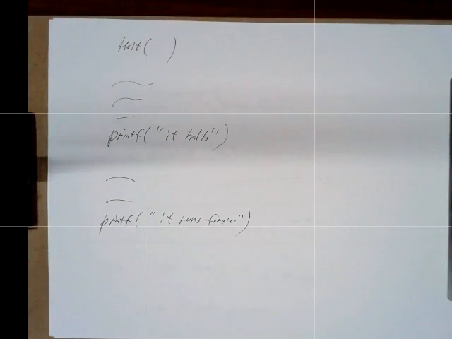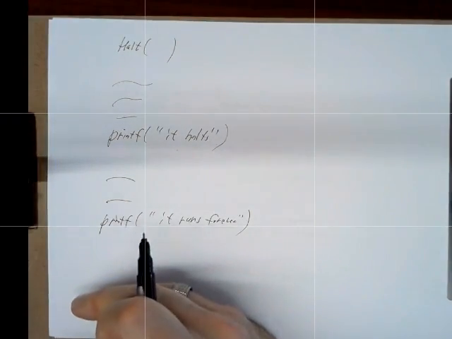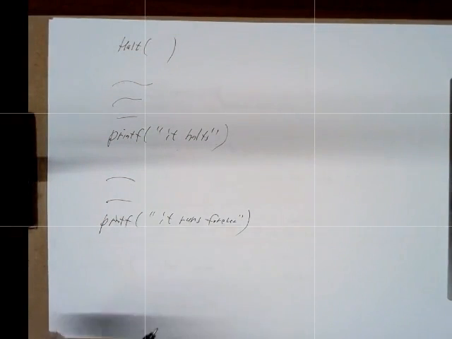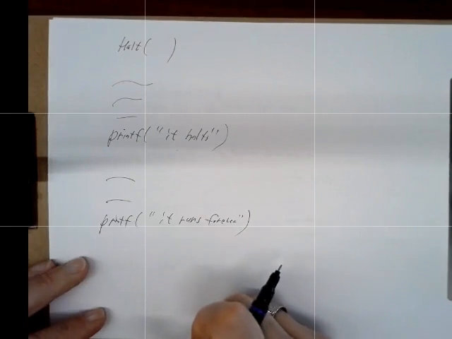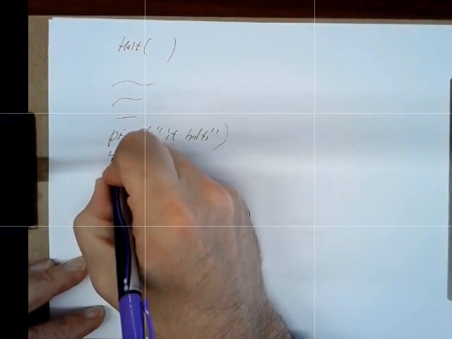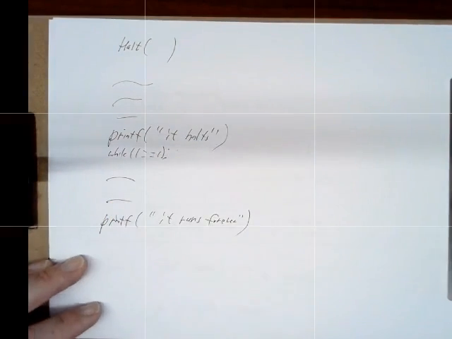Any program that you analyze with this code should correctly tell you the program's going to halt or it's going to run forever. Okay, that's the assumption. So we're going to make a new program. We're going to modify this, and after it says it halts, we're going to go into an infinite loop.